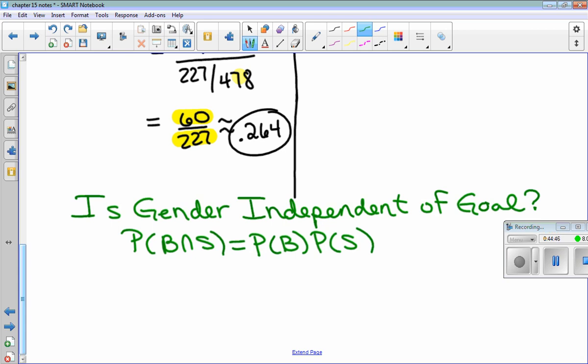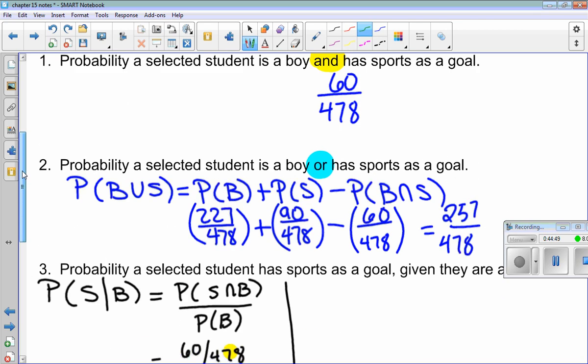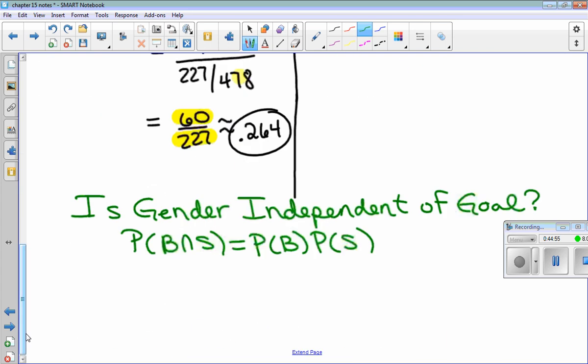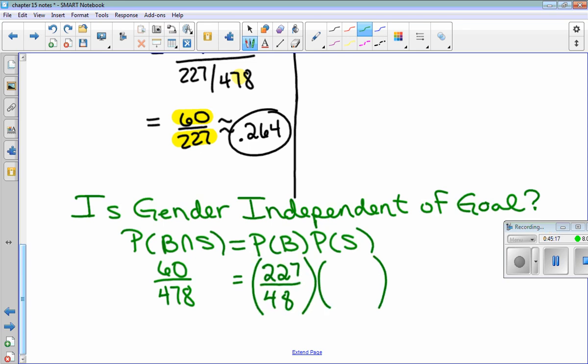So boys and sports. What is that probability? It's 60 out of 478. The probability of boy was 227 out of 478, and the probability of sports was 90 out of 478.